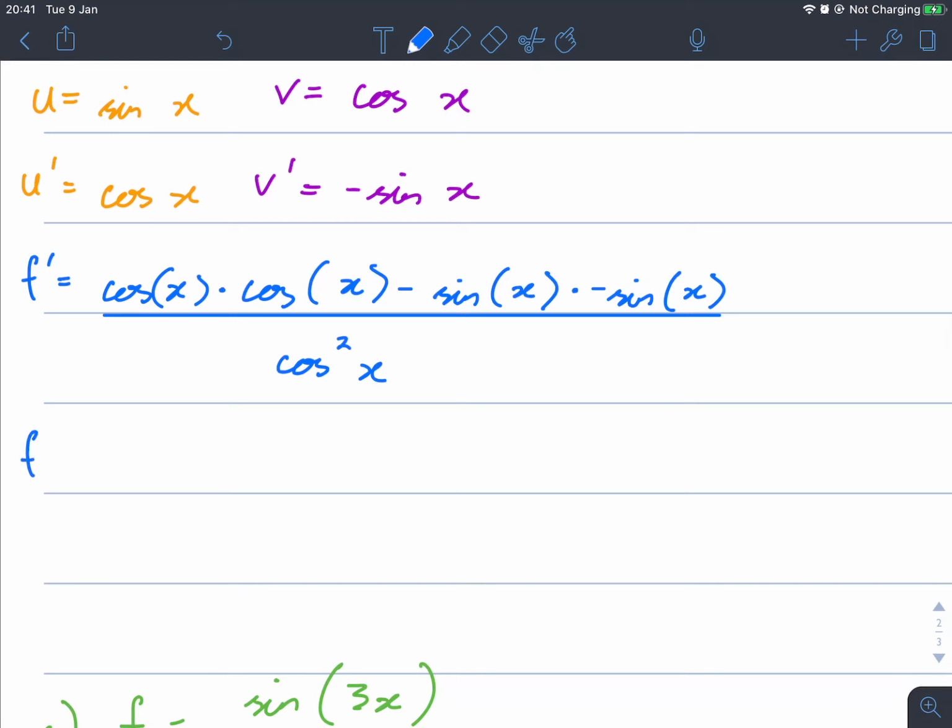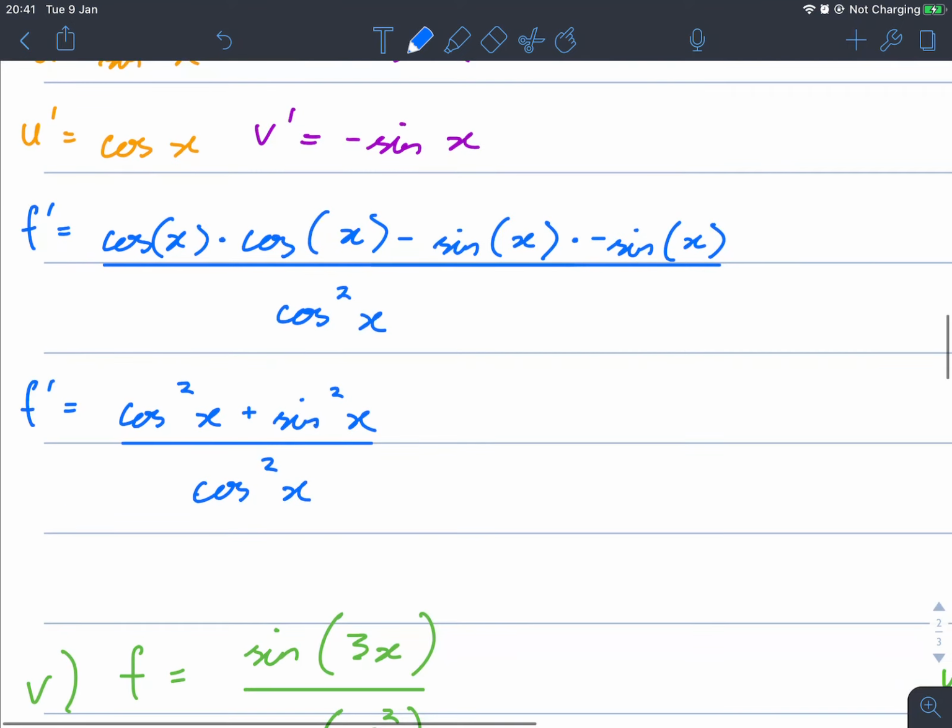Bringing everything together, f prime becomes cosine x times cosine x becomes cosine squared x. Negative sine x times negative sine x becomes positive sine squared x, all over cosine squared x.